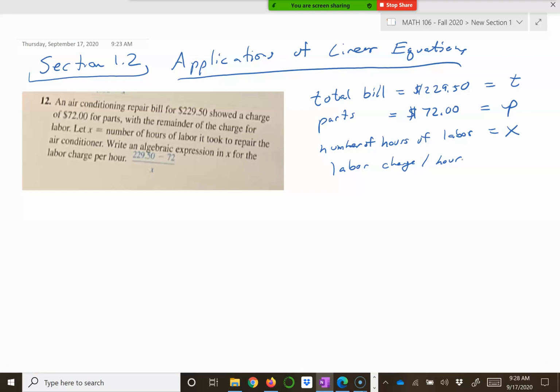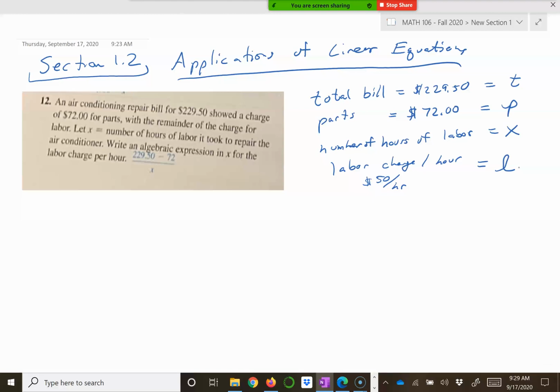It's because they're getting you on the labor it took a mechanic to fix the thing. So labor charge per hour would look something like $50 per hour. We have to make that variable name up, so let's call that L for labor charge. This is one thing you could do in any of these problems: outline and describe all the variables that are going to come up.